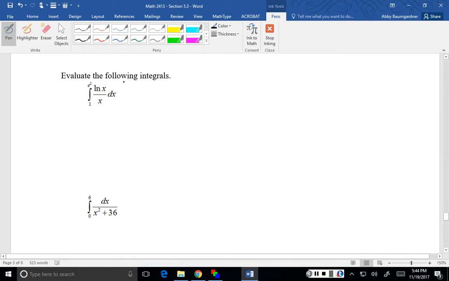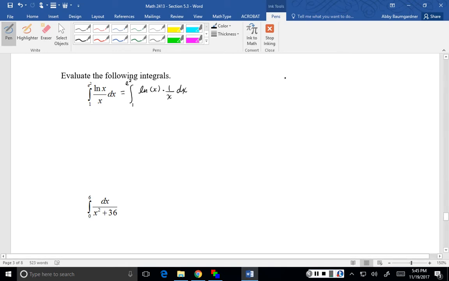This is definitely a substitution problem. Remember, with substitution, you're looking for something that when you take its derivative gives you everything else in the problem. There are 2 ways to do this. I will show you 2 ways, and then I will show you what you are not allowed to do.